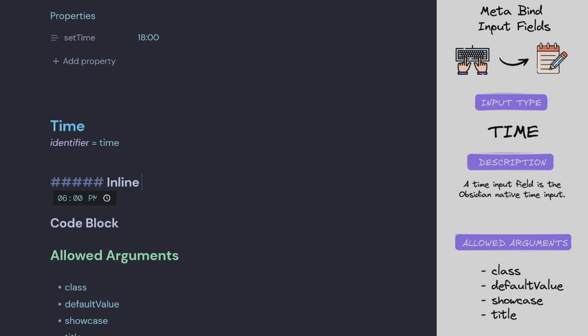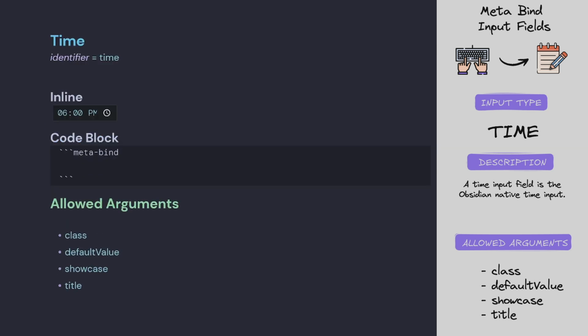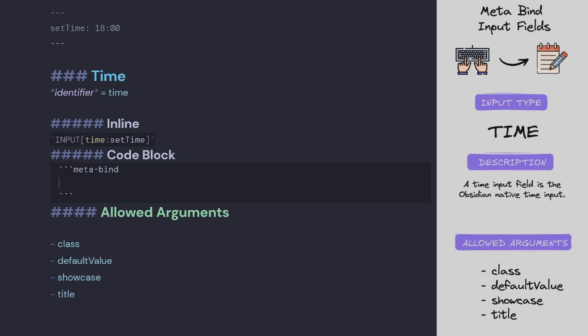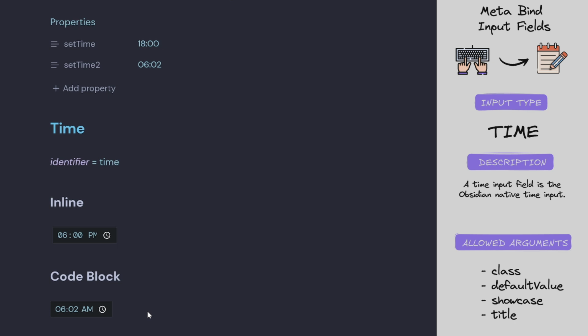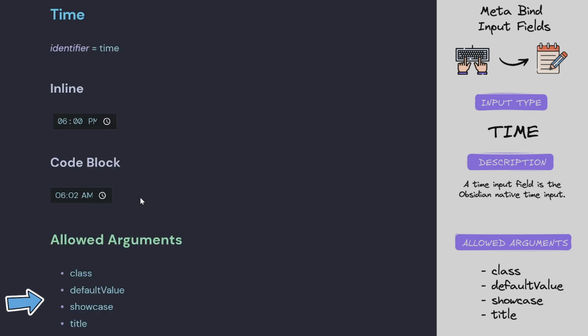We'll do the same for our code block. So meta bind. We'll jump into source mode. We'll just copy and we'll say set time to. So now we can see we've got our code block where we can set our second time, which might be 6 a.m. in the morning. We know our class and default value are not going to be very useful.